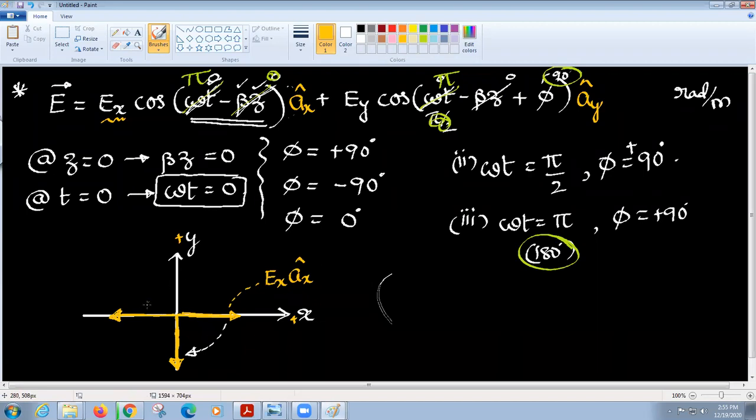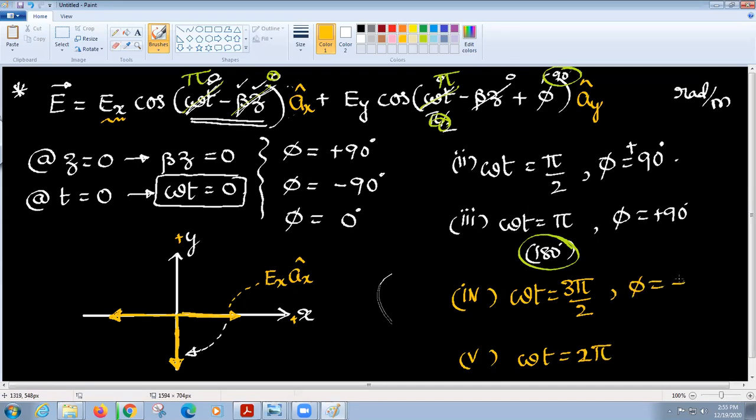All right. So on. You can just continue this process. I can take omega t equal to pi plus pi by 2, 3 pi by 2. You can take omega t equal to 3 pi by 2 plus pi by 2, that is 2 pi, for the same phi, phi equal to plus 90.